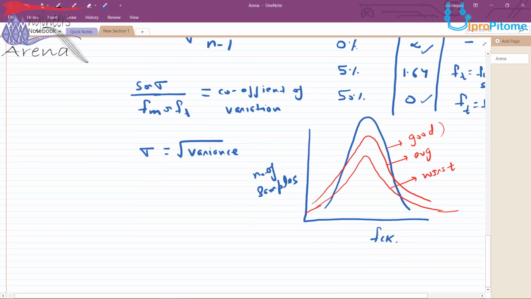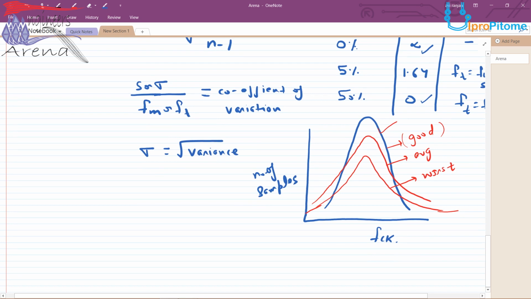Why? Because here quality control was good at the site. Therefore, the ratio of cement, sand and aggregate was maintained nicely, and the result obtained was closer to the result which we wanted.